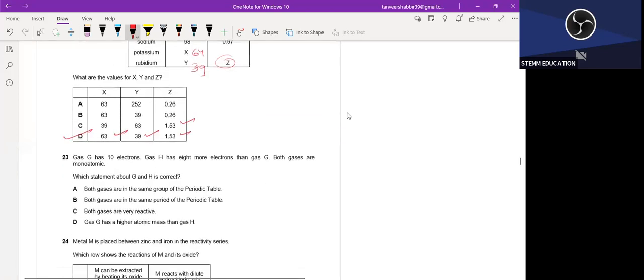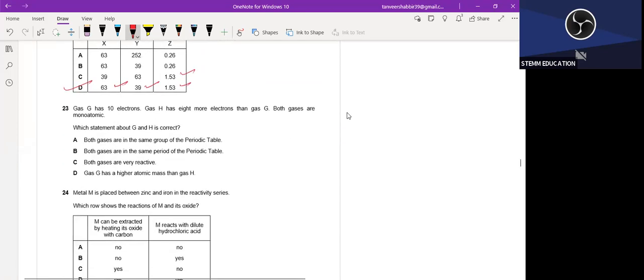Now, gas G has 10 electrons, whereas gas H has 8 more electrons than gas G. Both gases are monatomic, which means they belong to the noble gases.